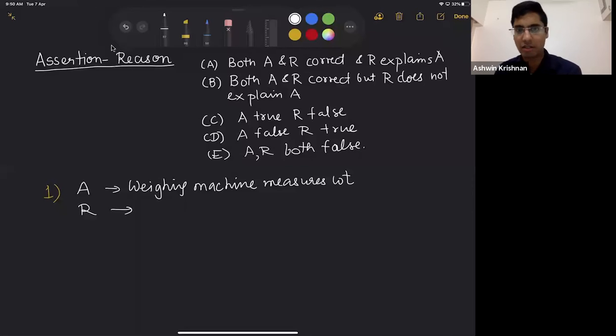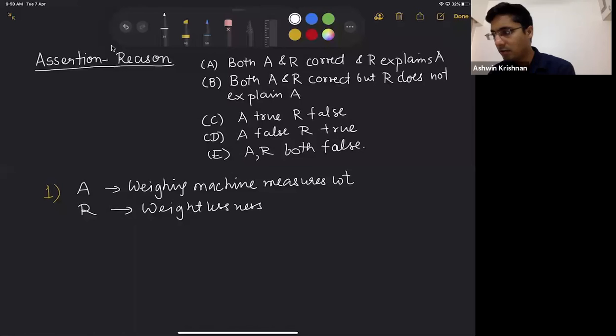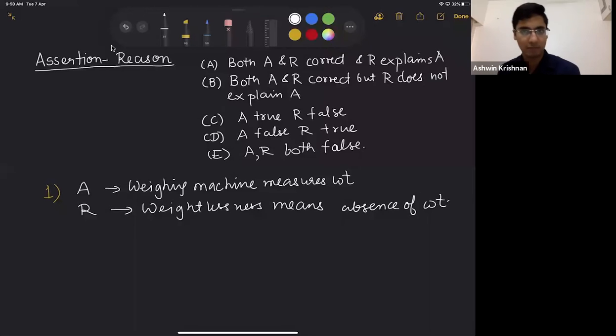Reason is: weightlessness means absence of weight. All right. So here is the assertion and reason. I'm going to raise a poll for you. Think of the options and tell me the correct answer. Okay, let me wait for you to answer.